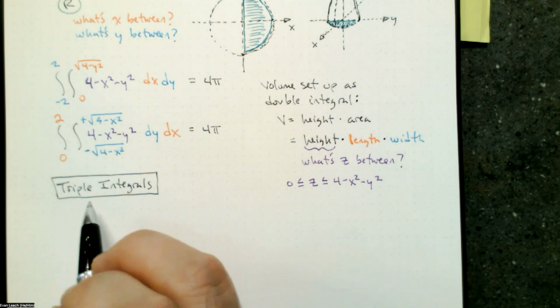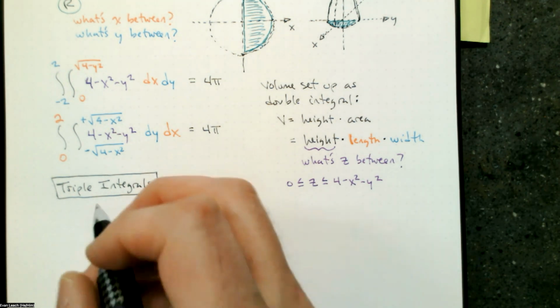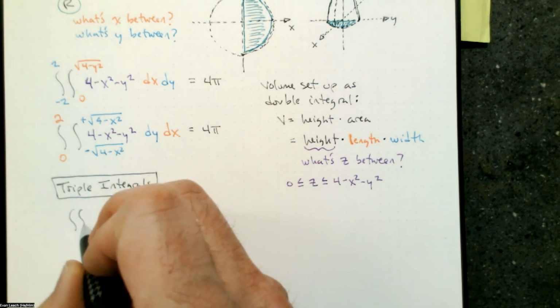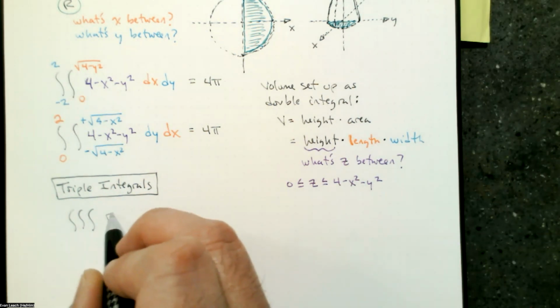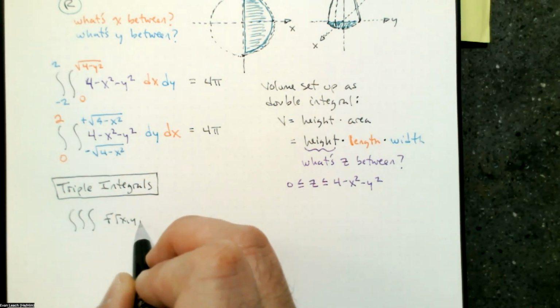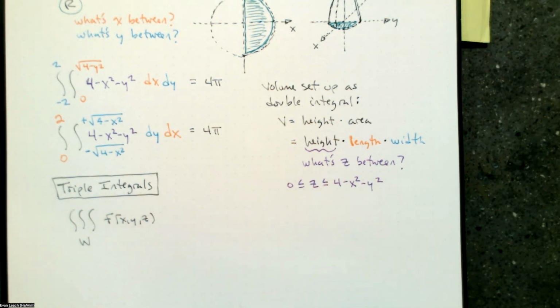Triple integrals. So in a triple integral, the thinking is going to be the same. Instead of just a double integral, we'll have a triple integral. We'll be integrating some function, f of x, y, and z, over some solid W. We don't get to use S. Later on, we're going to use S for surface.